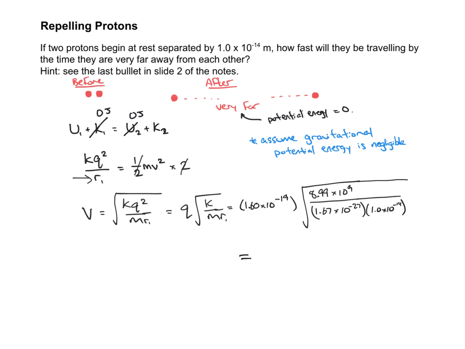Okay, so I end up with 3.7 times 10 to the 6, which is less than the speed of light. It's just about 1% of the speed of light, actually. This should be 2 sig figs because of the 1.0. And that's the answer.